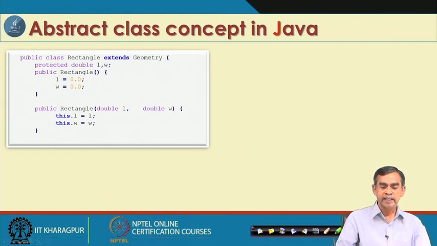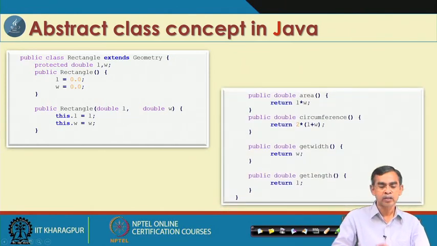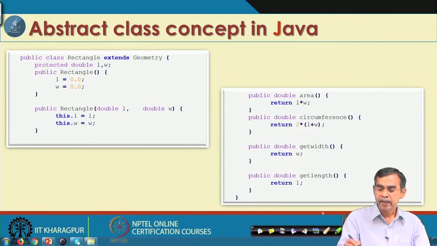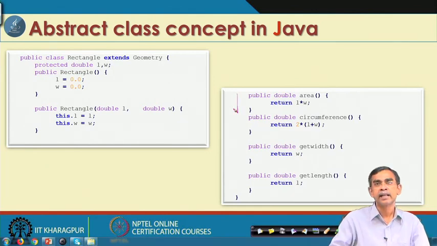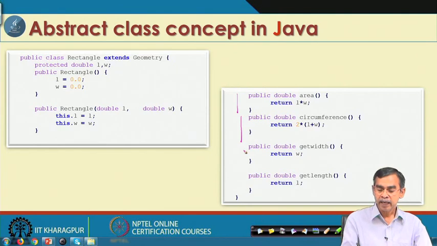Now, this class has some other methods. Area, which is declared abstract in the parent, is defined here for this class, and circumference is also defined for this class as a redefinition. These are the two methods of its own, special to this class.